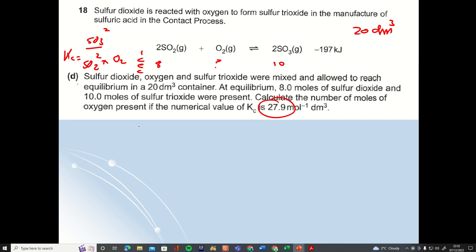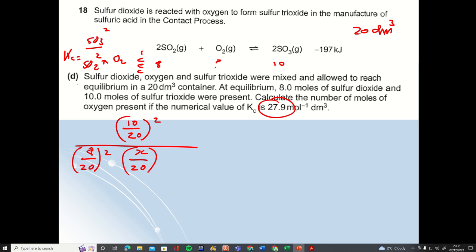My top line for my Kc would equal 10 over 20 squared, so the moles divided by the volume, which is the concentration, squared. My bottom line would read 8 over 20, that's also squared, multiplied by x divided by 20. I want to find the number of moles of oxygen, so I'm going to call those x. And all of that, of course, equals 27.9.